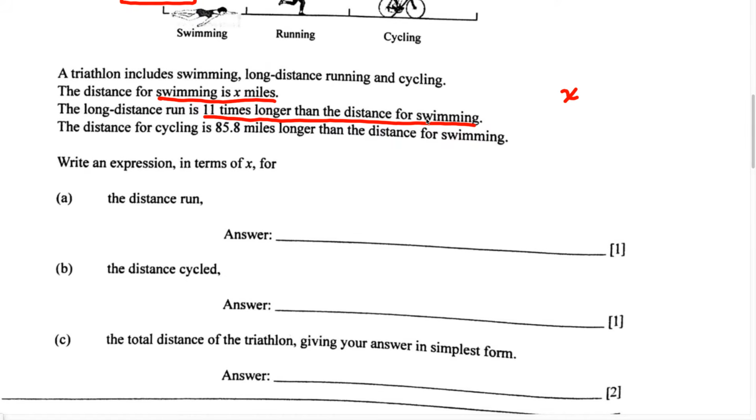So we're just going to say 11 multiplied by X, or you can say 11 times X, which is going to give us 11X. So in our answer, we're just going to write 11X.